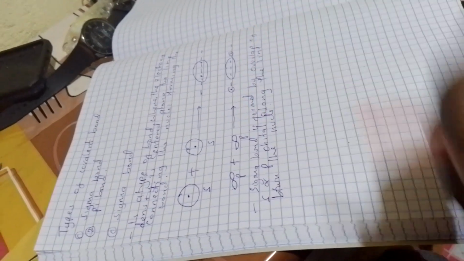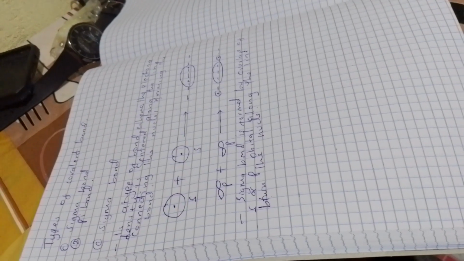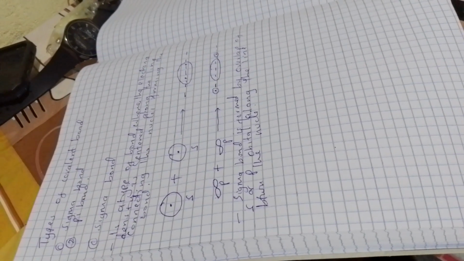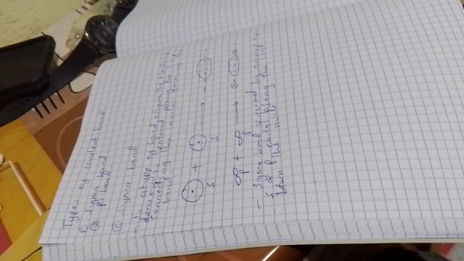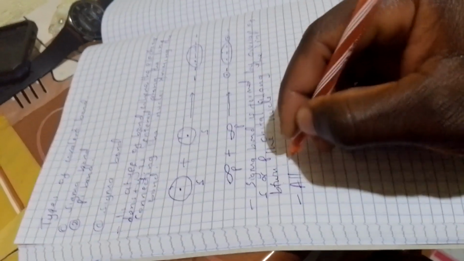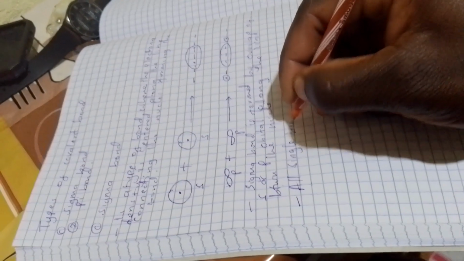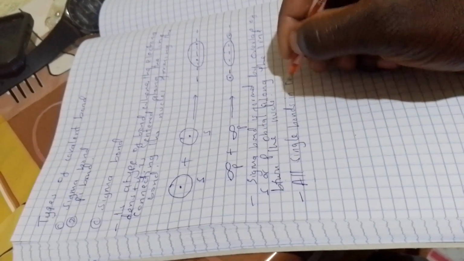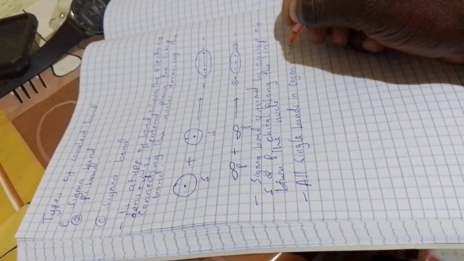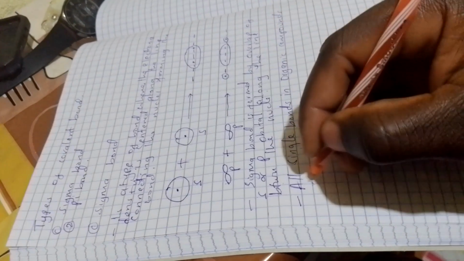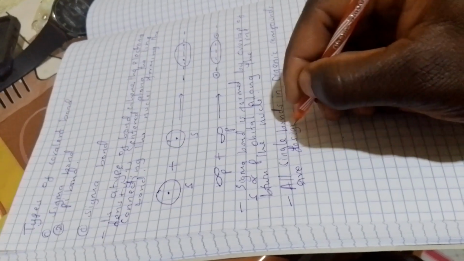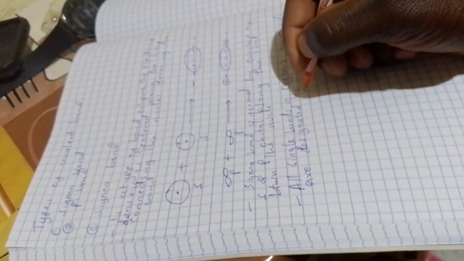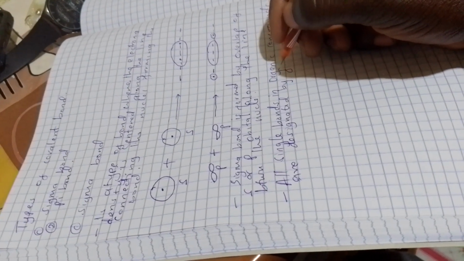When you see an organic compound that has a single bond, it is designated by a sigma bond.